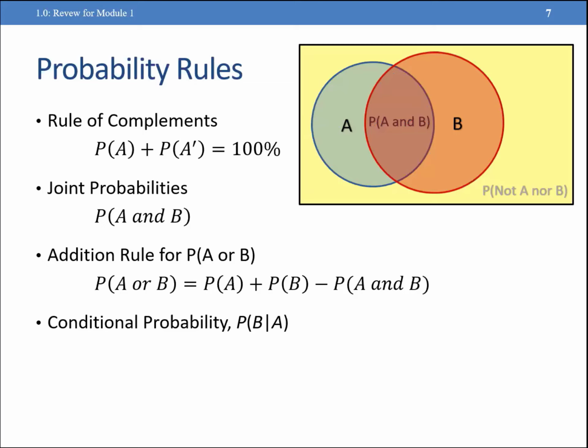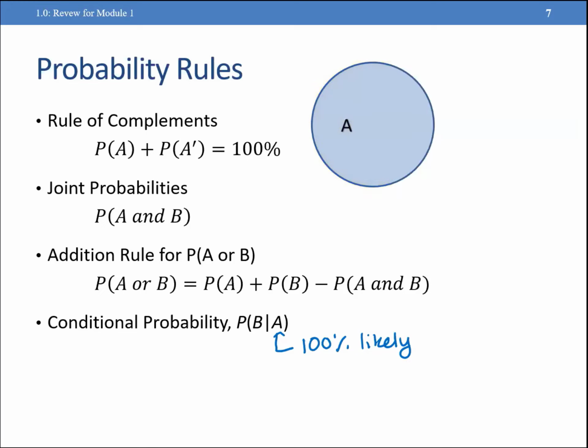Now we have conditional probabilities. Conditional probabilities shift the meaning. It's when we're looking at a subset. So really what we're saying is we're going to say that A is 100% likely. It's guaranteed to have happened. So if A is now 100%, we don't look at the yellow, do we? This is our new 100%. If A has definitely happened, this is the new 100%.